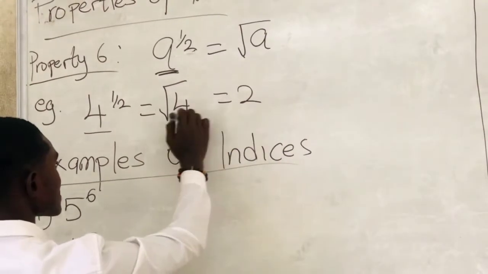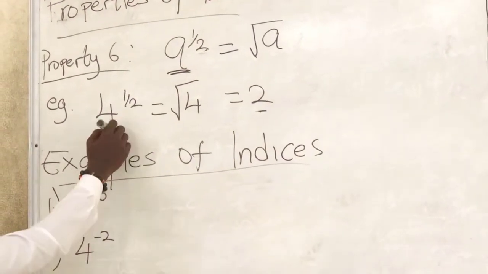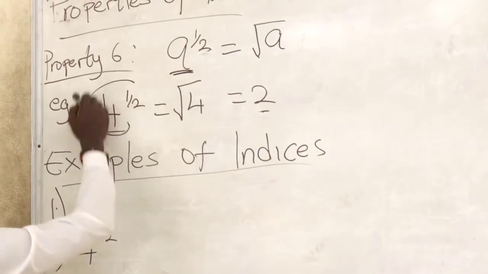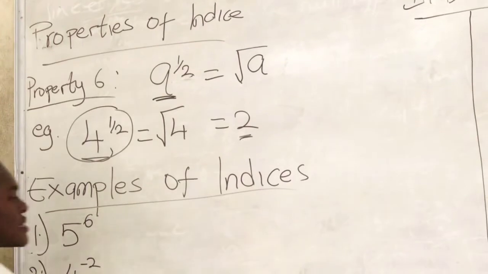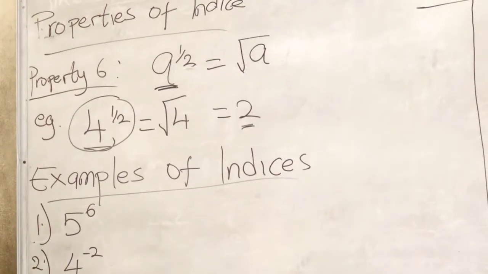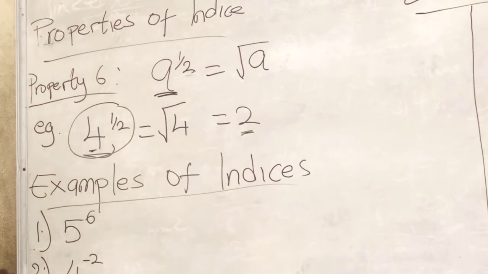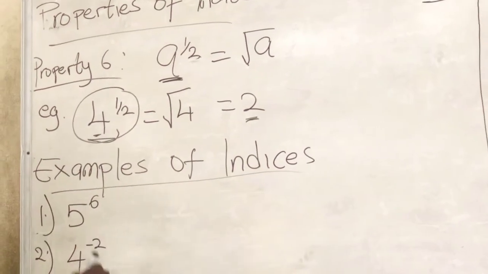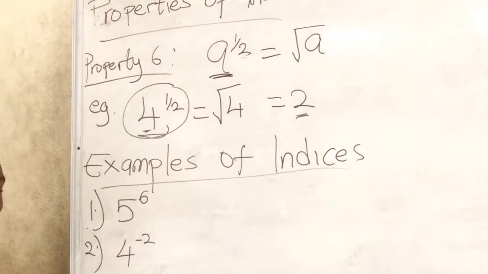So this is how we get 2. When we break down these indices, we get 2 because it's a property, and the property states that when we have a base with a half exponent, we use the square root to solve for the answer.